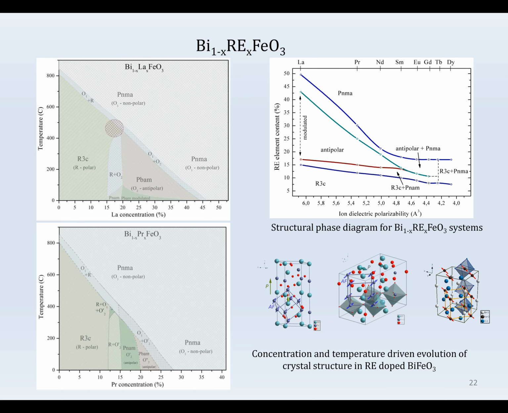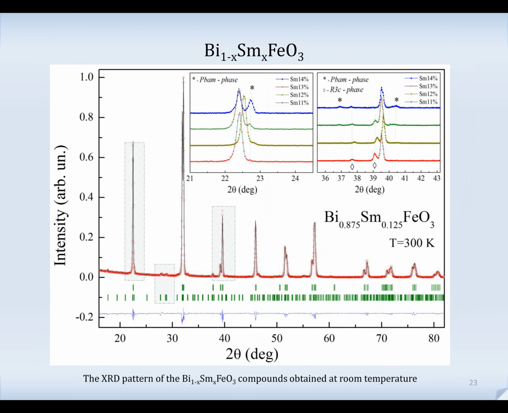So what we've got here, we've made diffraction. These are X-ray diffraction patterns for a compound which is in the phase boundary region. And that's why we use a two-phase model. One is the R phase, rhombohedral, and the second row belongs to Bragg positions of the orthorhombic phase. And on the insets, you can see the evolution of reflections as a function of dopant content.